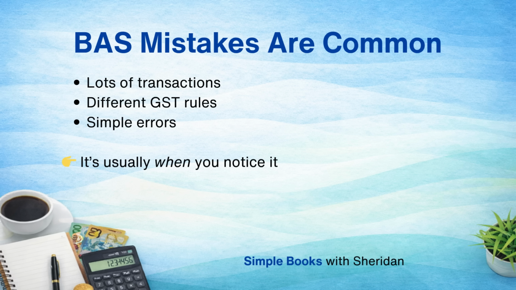Before we fix anything, a quick reality check. BAS mistakes are really common, even if your bookkeeping is pretty good. You've got lots of transactions, different GST rules, and sometimes it's just a simple data entry mistake. So it's not really about if something goes wrong, it's usually about when you notice it.